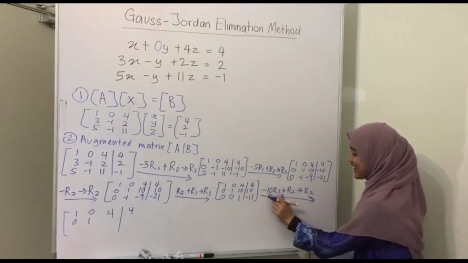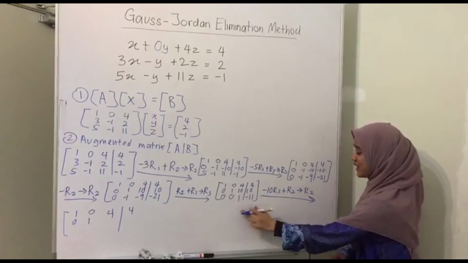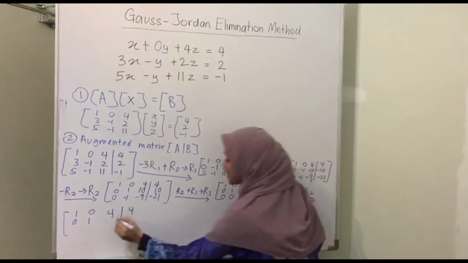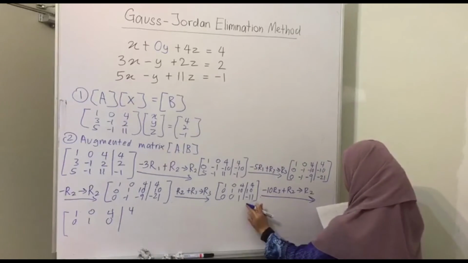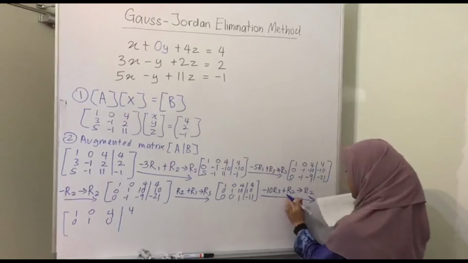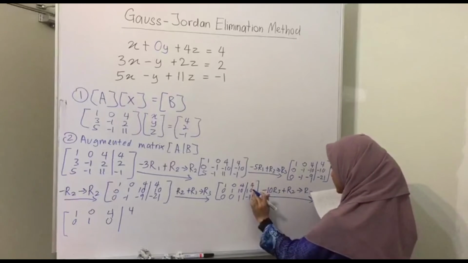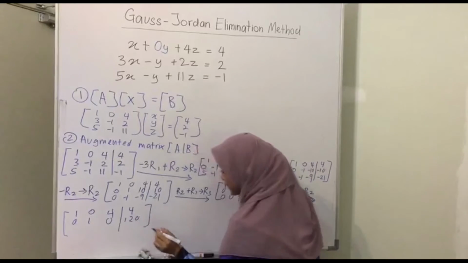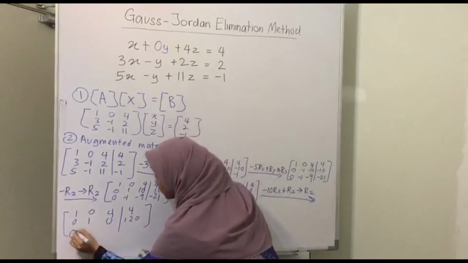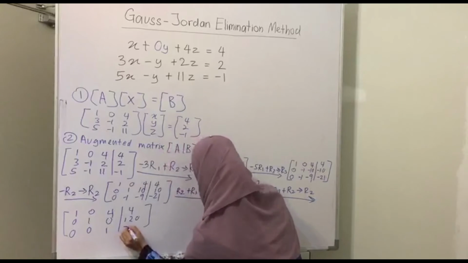Negative 10 times 1 is negative 10 plus 10 is 0. Negative 10 times negative 11 plus 10 is 120. Okay, 0, 0, 1, negative 11.